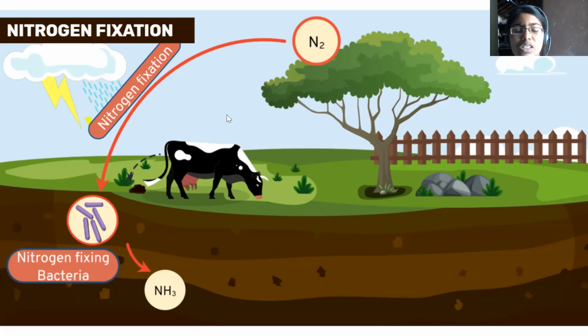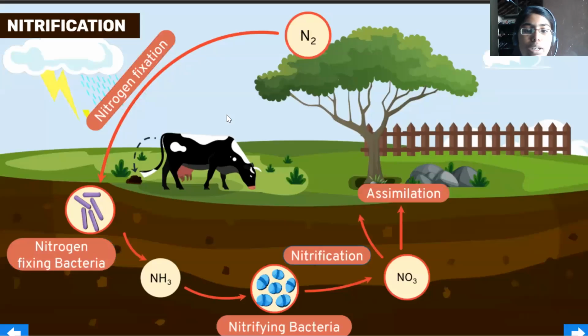Inside that soil, we have some bacteria, which are the nitrogen fixing bacteria. Water is H2O. In the soil, we'll have hydrogen and nitrogen. Because of the nitrogen fixing bacteria, this nitrogen gets converted into NH3.